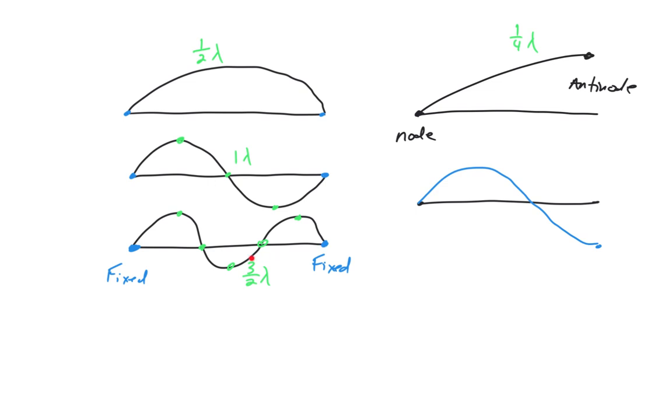Well, that's 1.5 wavelengths. I can do the same thing on the other side. From a node to an antinode, that's 1/4 wavelength. So for this one, if I label the nodes and the antinodes, I can see that I've got 1/4, 2/4, 3/4 of a wavelength. So here, I've got 3/4 wavelength.